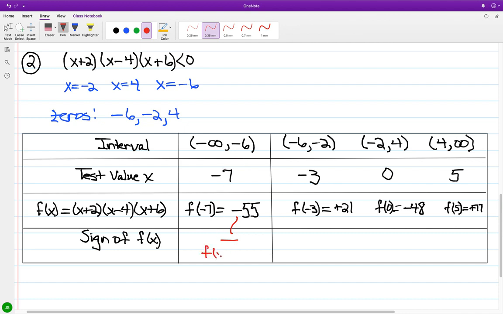So we have that f of x is going to be less than 0. And then for the next item, you have a positive, so f of x is greater than 0. Then next, we have a negative sign, so f of x is less than 0.